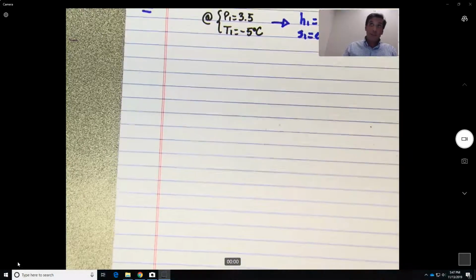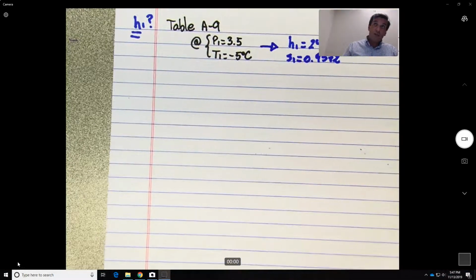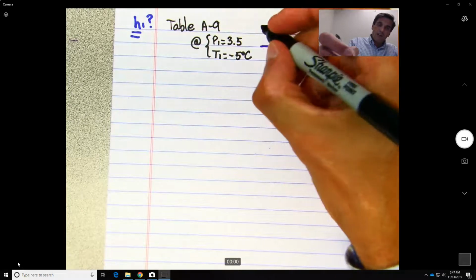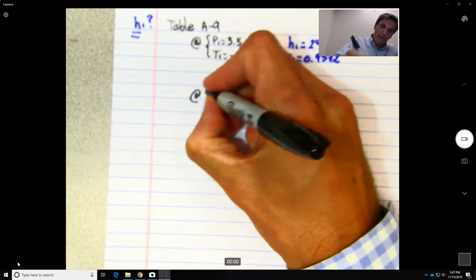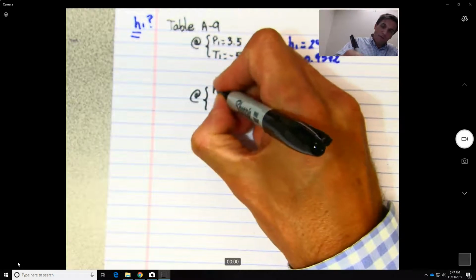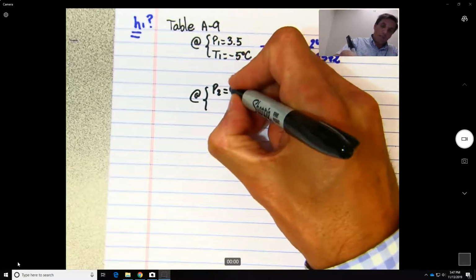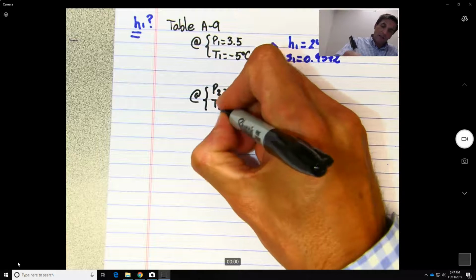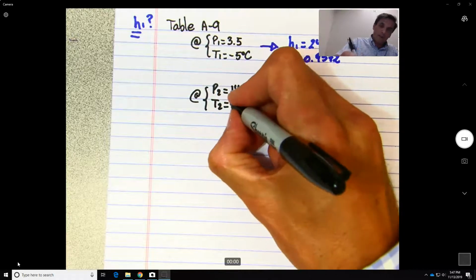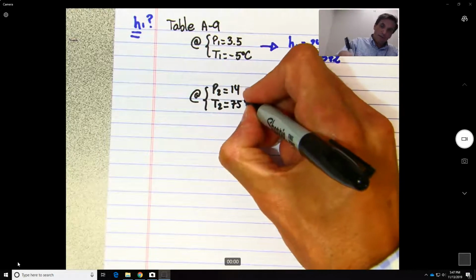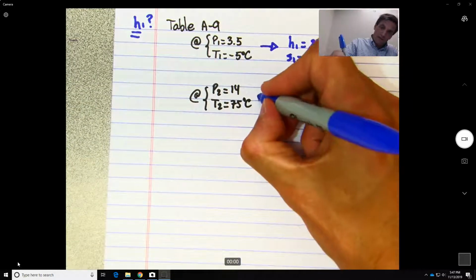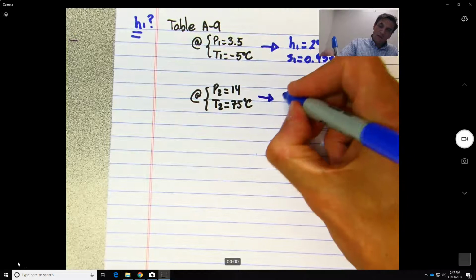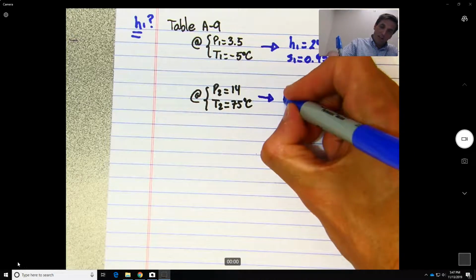Next, we can do the same thing for state 2. So let's say from table A9 at P2 equal to 14 and T2 equal to 75 degrees Celsius. In this case, the only thing we need is H2.